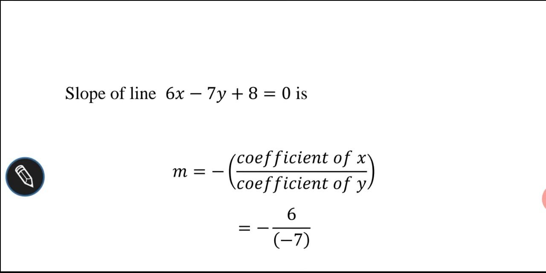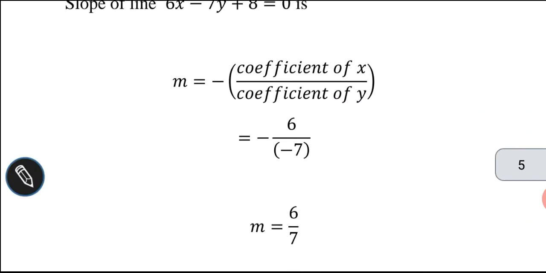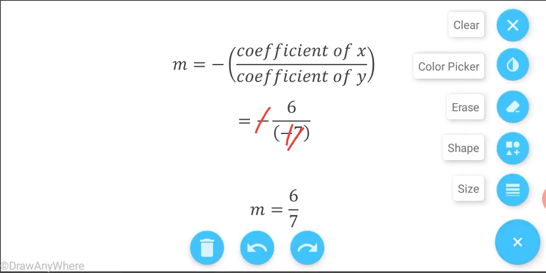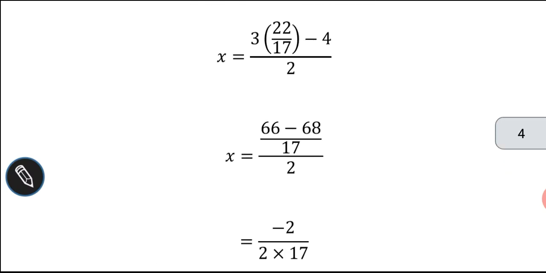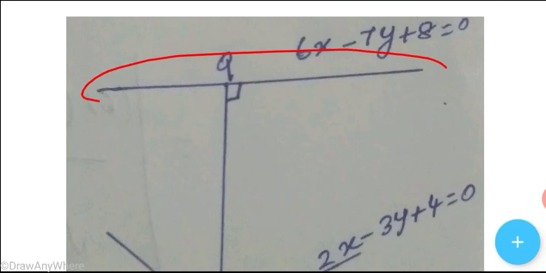So that is equal to minus, where the coefficient of x is 6 and the coefficient of y is minus 7. This minus gets cancelled, so m is equal to 6 by 7. So we have calculated the slope of the line 6x minus 7y plus 8 is equal to 0.